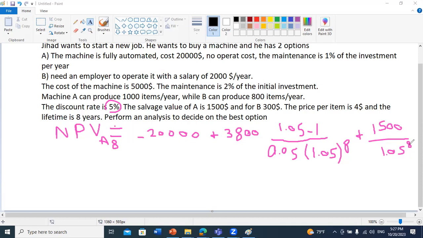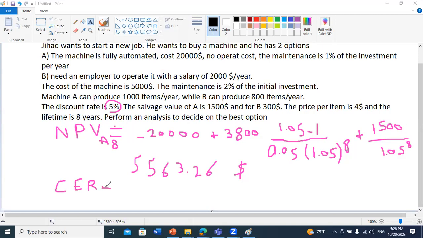And we get, in this case, 5,563.26, which is not bad, but to assess the CER, the capital enrichment rate, we should take the ratio of this over 20,000.